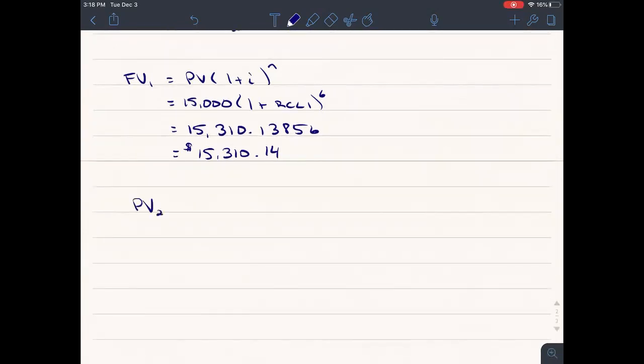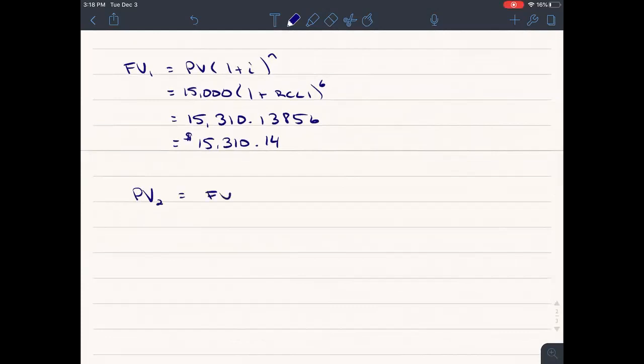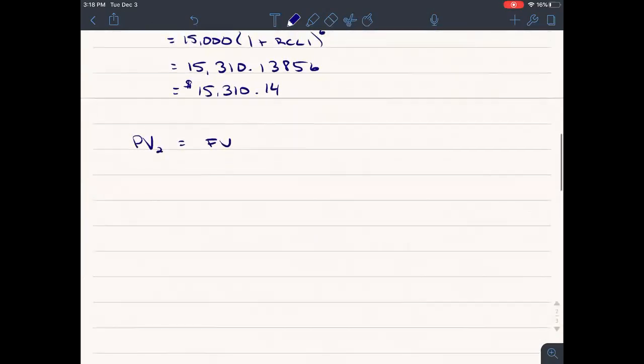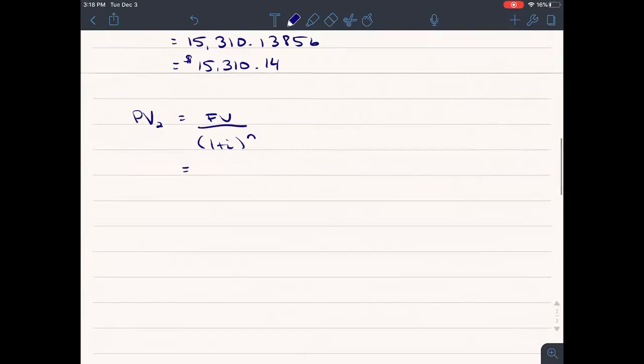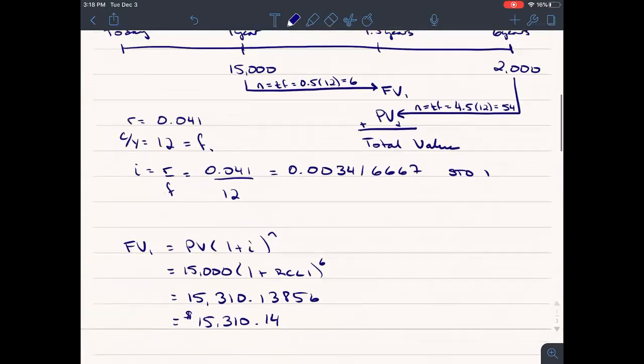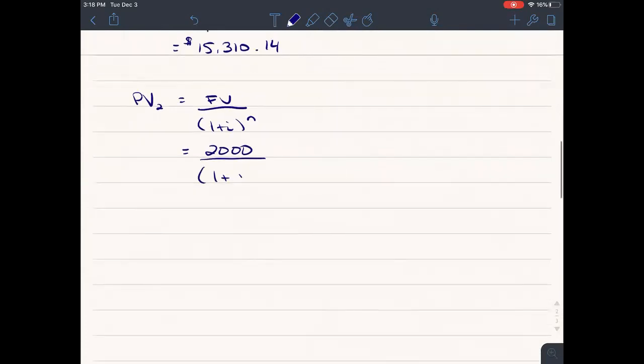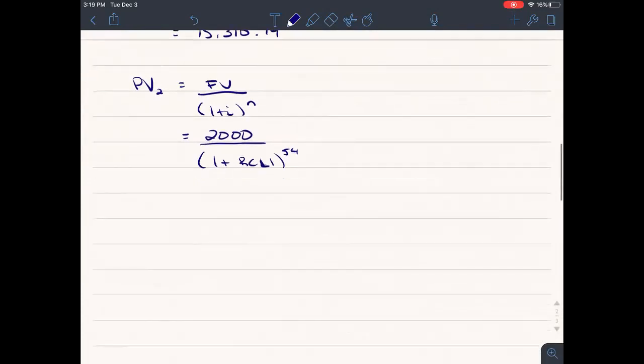Same idea, so let's solve for the present value too. We've got the formula right on our formula sheet, so we're using the future value and the present value formulas. It's the future value over 1 plus I to the power of n. The future value for this one is 2,000, and making a note that our n is 54. 2,000 over 1 plus recall 1 to the power of 54.